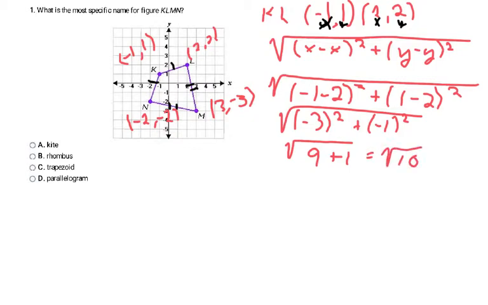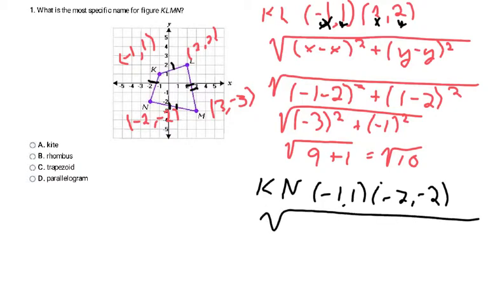So K to L is the square root of 10, and now let's see if that's the same as the length of K to N. I wrote down the coordinates of K and N, and I'm going to substitute that into my distance formula. But first I'm going to label the points with the x and the y so I don't get them confused.